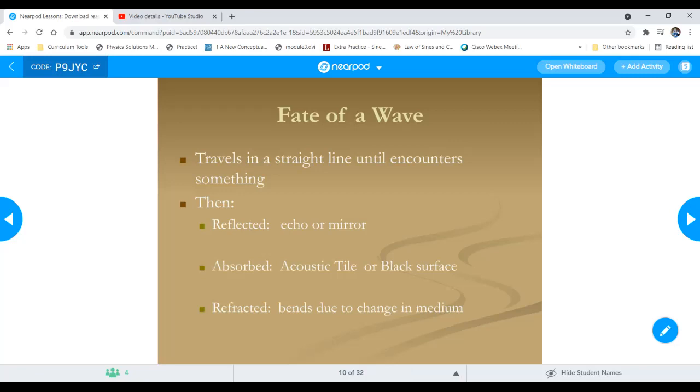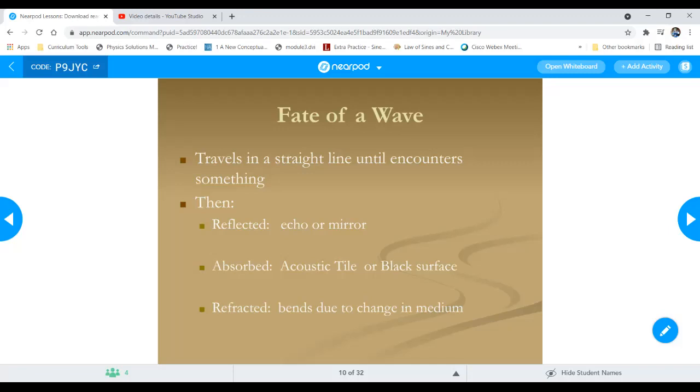If you've ever been in a soundproof room, those tiles in that room absorb sound waves. The same thing happens if you're outside in the summertime and you have a dark shirt on, it is absorbing those electromagnetic radiation waves. And so you can feel yourself get hotter.